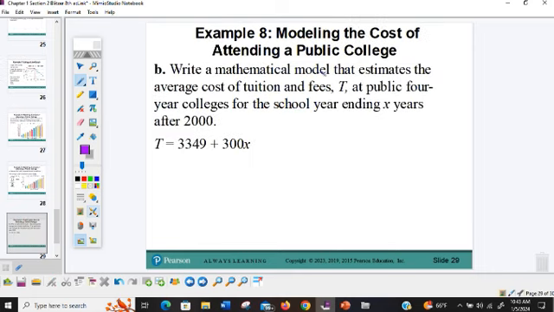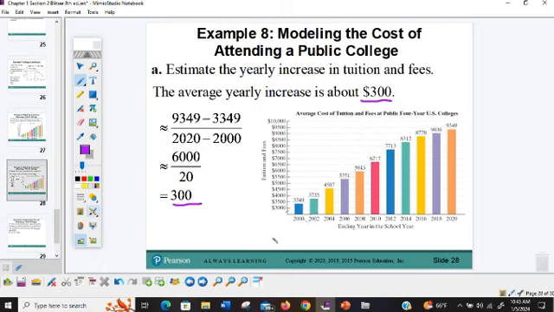Now it says, write a mathematical model to estimate the average cost of tuition and fees at public 4-year colleges for the school year ending X years after 2000. Okay, so let's talk about this. We need an X in our model, and that is going to be the years after 2000, because that's what we're looking at here. If we're going to use this to estimate, we're going to be looking at the years further out, okay?